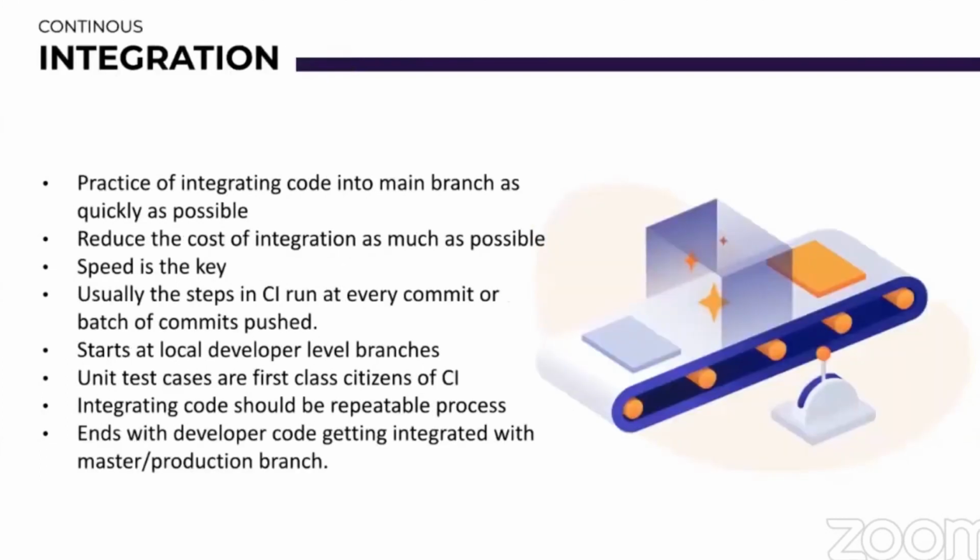And most importantly, CI actually starts at your local level branches. Since CI is a practice of integrating code as early as possible, it's very important that you follow best practices at your own local level. If we are using Git, there's a feature called pre-commit hooks. Pre-commit hooks execute a functionality each time you commit.